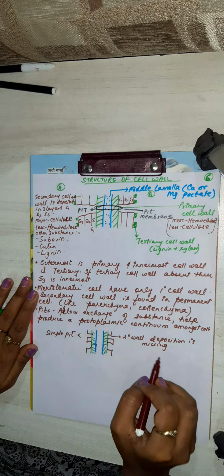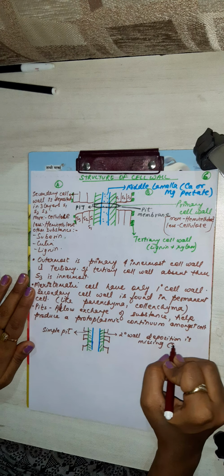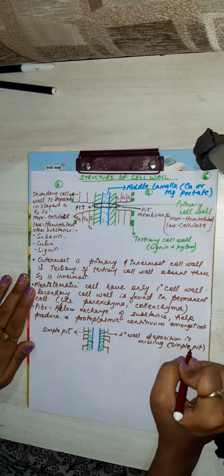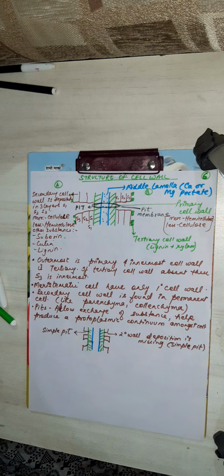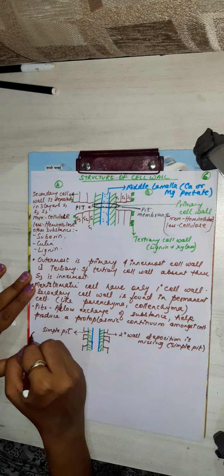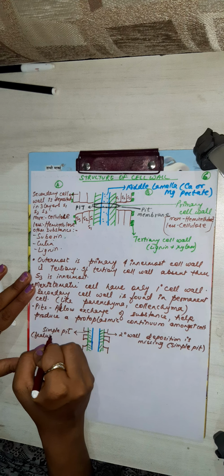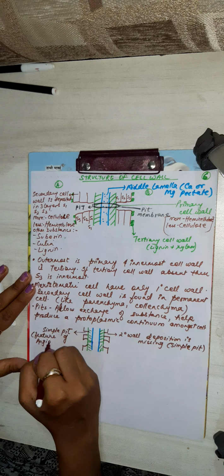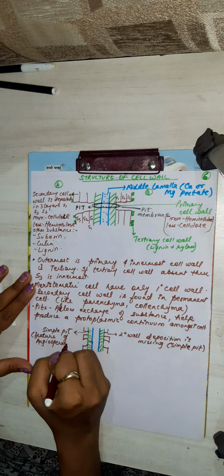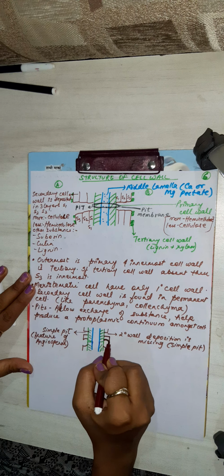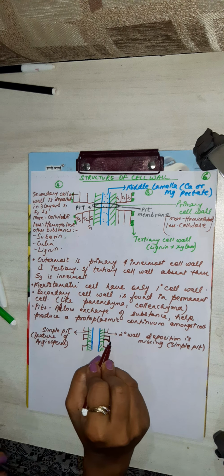And secondary wall deposition is missing. इसको क्या कहेंगे हम लोग? Simple pit. Okay. It is a characteristic feature of angiosperm. And if the structure is like this, okay, here it is also missing.